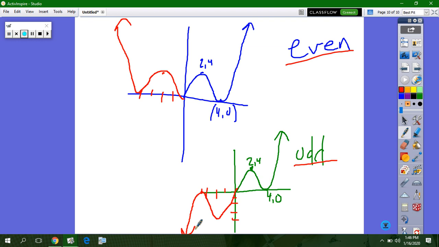Basically, even: opposite x, same y. Odd: opposite x and opposite y.